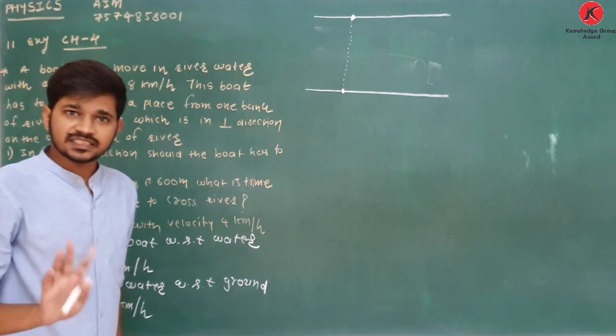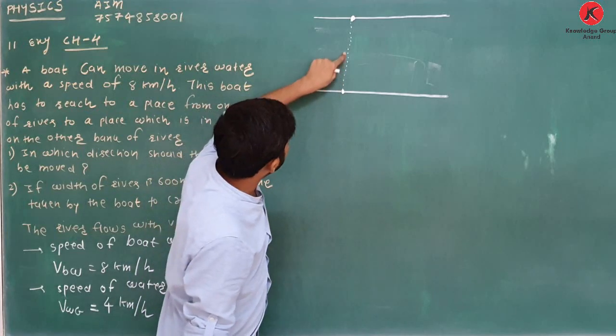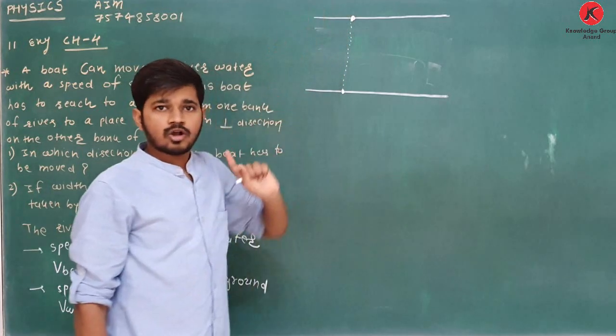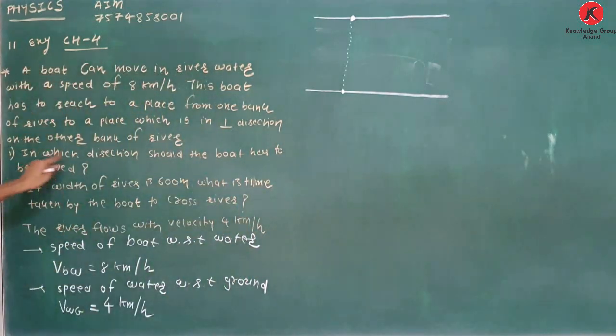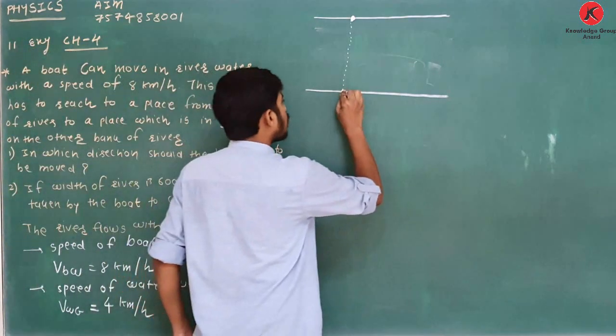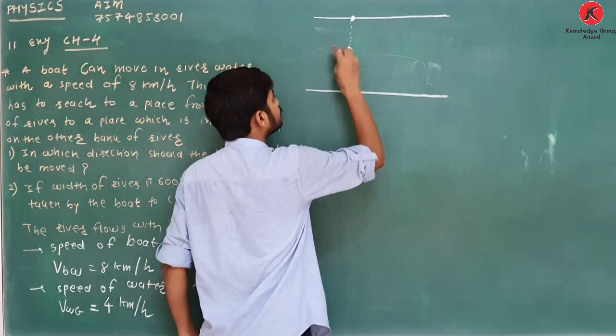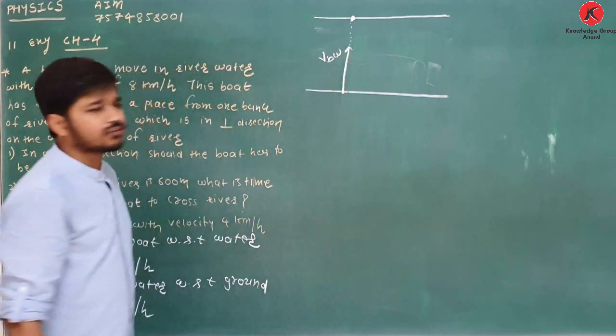Clear about this? What is the target? The boat has to move from this point to the perpendicular point on the other bank. Now, the question is, in which direction should the boat be moved? If initially the boat is moving in this direction, suppose it is VBW, the boat is moving in this direction.